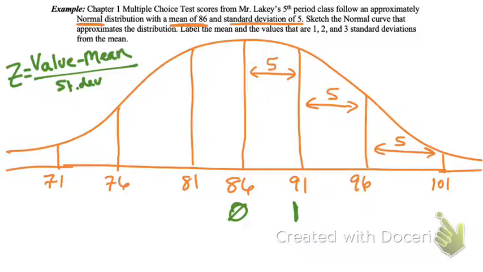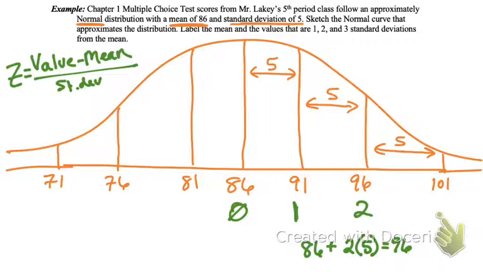Let's say Andrew got a 96. Hold up. What is Andrew's z-score? 2. Why is that? He is 2 standard units above average. Watch this. If I take the mean of 86 and I add 2 times the standard deviation, I would get 96. 2 standard units above average is his z-score.